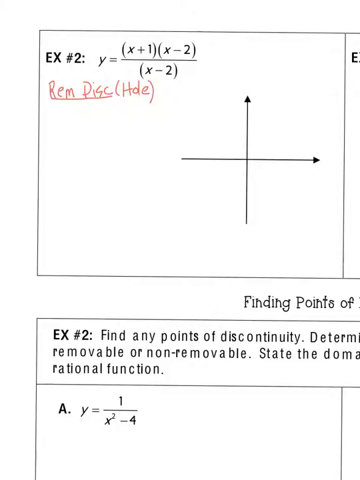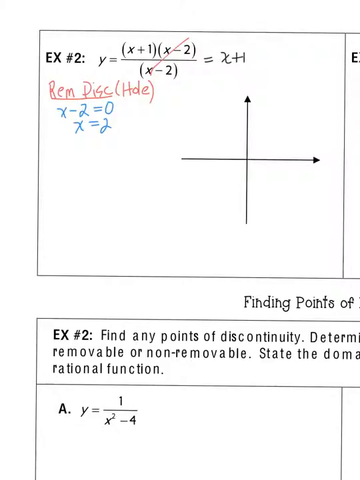So we've got to find the ordered pair for that hole. All right, so I know that I'm going to take the x minus 2, which was removed, and set it equal to 0. That means the x value of my hole is 2. Then I'm going to take this value for x to find the y value of the hole and plug it into the resulting equation.